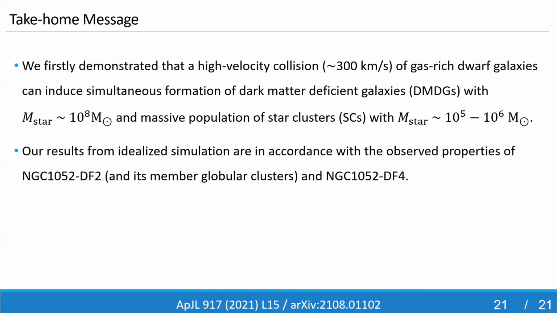So here is the summary of our work. We firstly demonstrated that a high velocity collision, about 300 kilometers per second, of gas-rich dwarf galaxies can induce simultaneous formation of dark matter deficient galaxies, DMDGs, with a stellar mass of 10 to the 8 solar mass and a massive population of star clusters, SCs, with stellar mass of 10 to the 5 to 10 to the 6.5 solar mass.